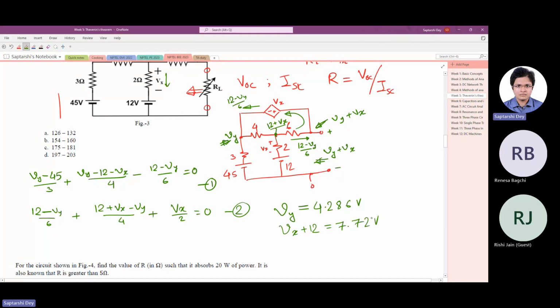Now our target here is to find out the open circuit voltage. So we have to find out Vy plus Vx. How much is it? Just add these two equations.